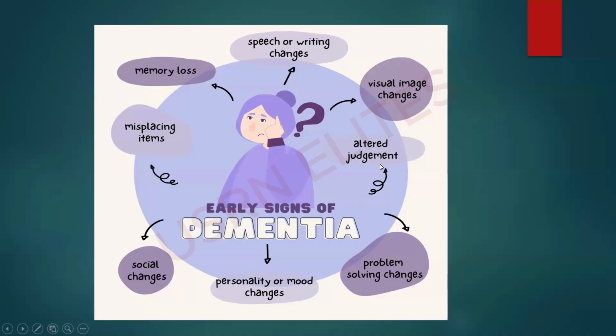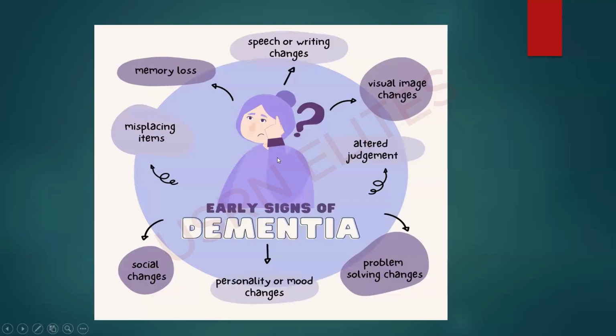There will be altered mental status or judgment, problem solving changes, personality or mood changes, social changes. They tend to misplace things, then they have memory loss. All these are not temporal changes. They tend to be progressive and tend to be permanent.